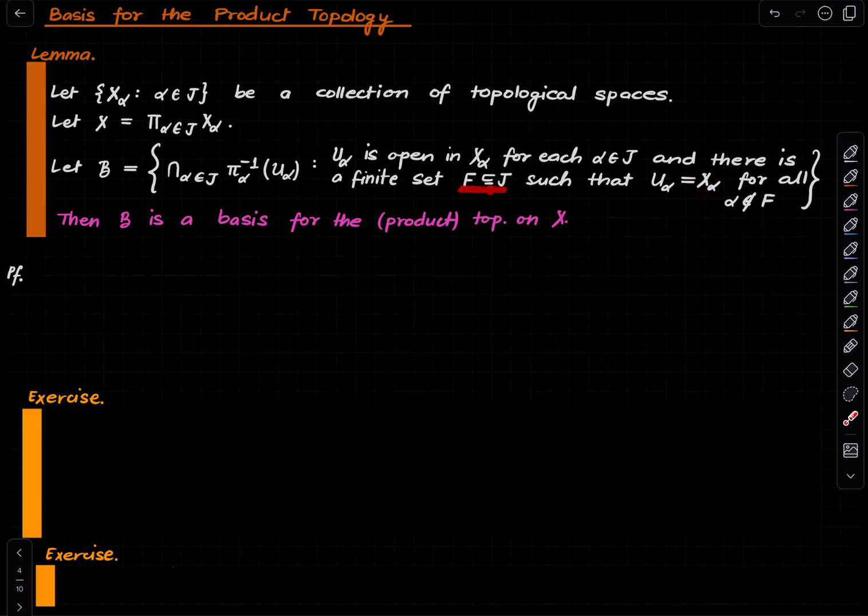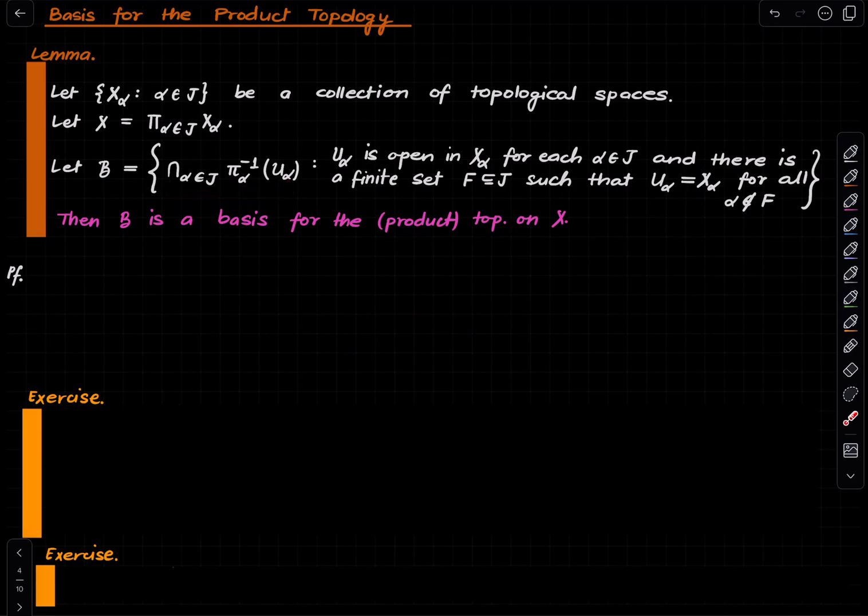There is a finite set F such that U alpha is equal to X alpha whenever alpha is away from F. F is a finite set. So all but finitely many alphas have this property that the open set you chose is actually all of X alpha. Okay. So in particular, you could have chosen F to be a singleton. So then what will you be doing? What will this intersection look like?